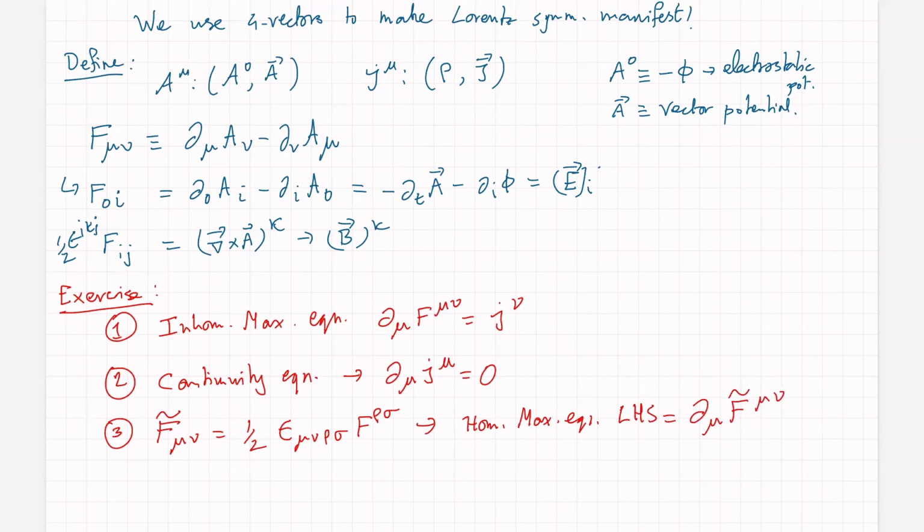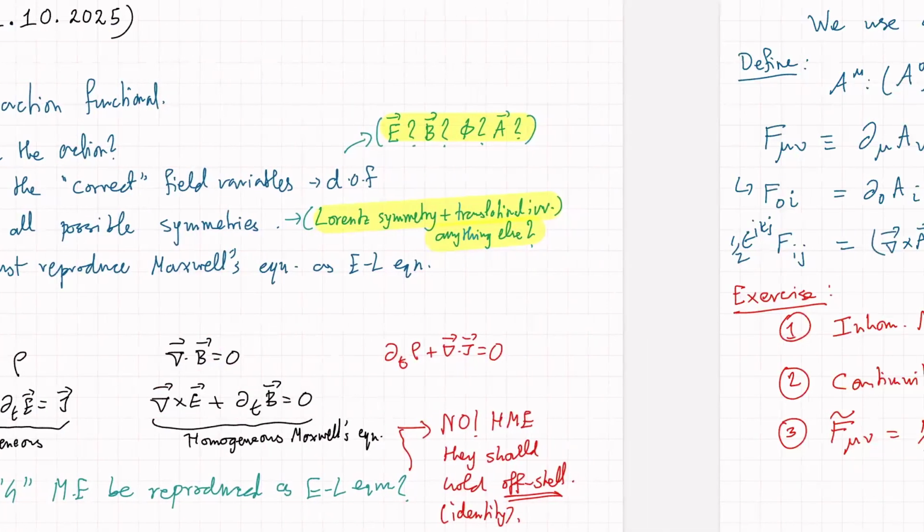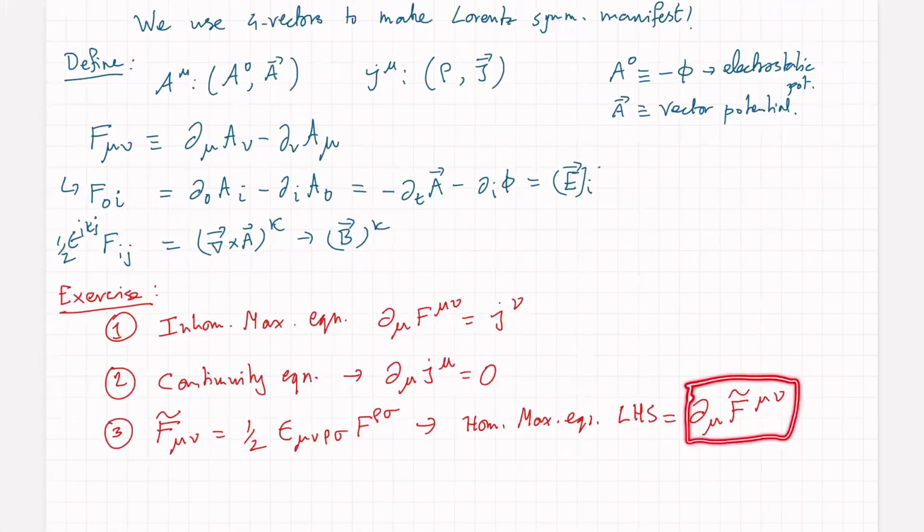So in particular, let's focus on the homogeneous Maxwell's equations for a bit. Once you do this exercise, you will be able to see that the left-hand side, so divergence of B, and so essentially, I'm asking you to show that this and this in 4-vector notation boils down to this.